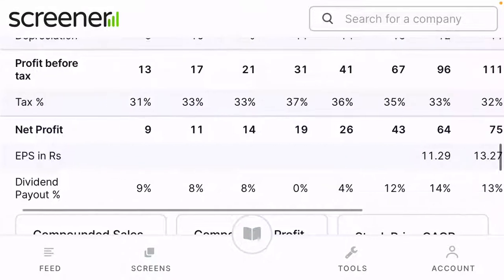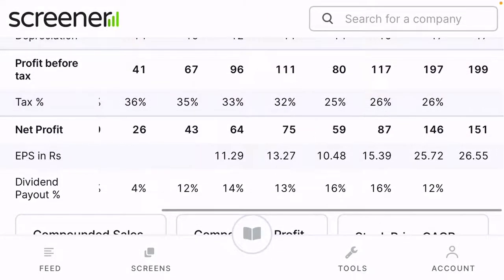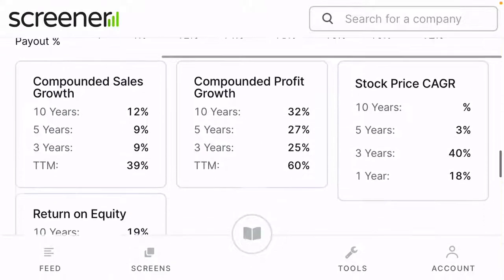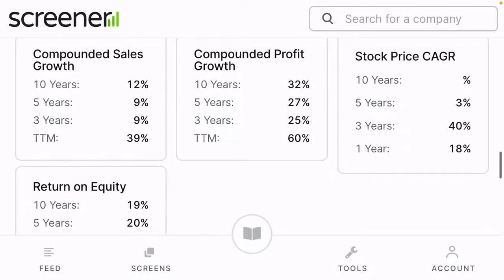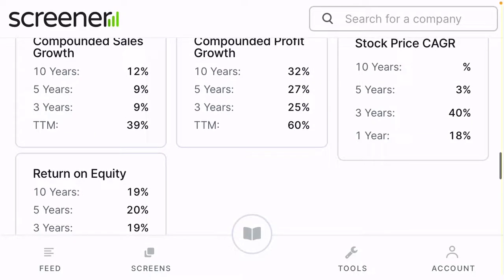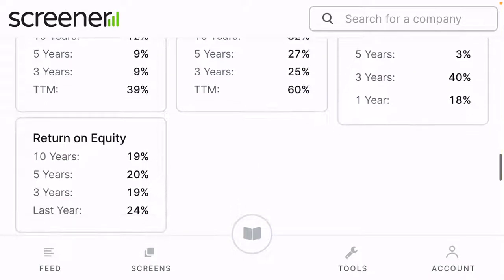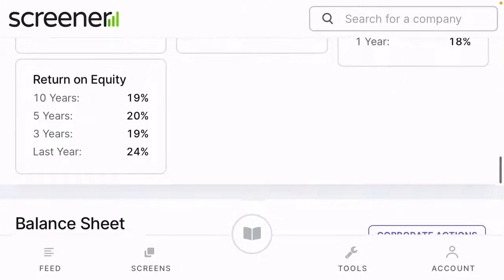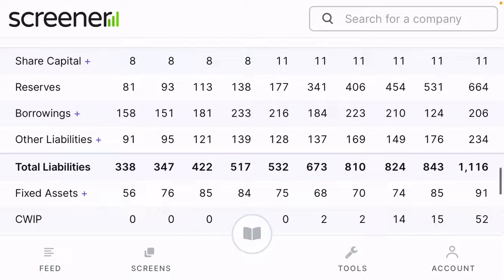Net profit increased from 8 crore to 151 crore. Exponential growth in the overall net profit. Compounded sales growth 9%, 5 years compounded profit growth 27%, and CAGR in the last 5 years 3%. Return on equity over the last 5 years 20%.